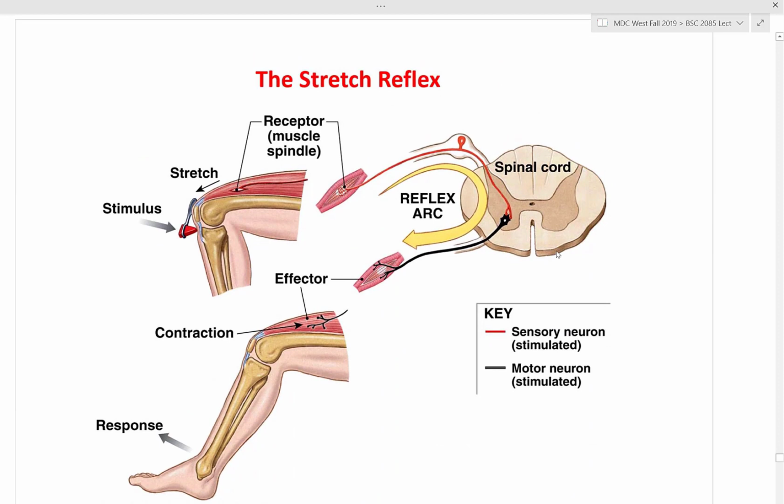What is the stretch reflex? The example that we have in this graph is a stimulation to the patellar ligament, and the stretch is on the patellar tendon. So when we do the knee-jerk reflex, we're actually stimulating the receptor inside the muscle spindle as it stretches out.